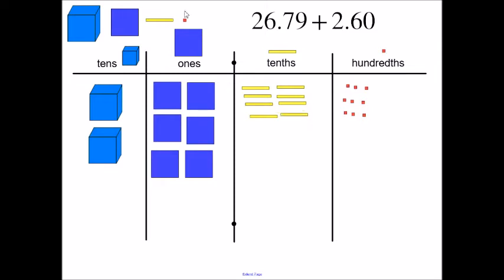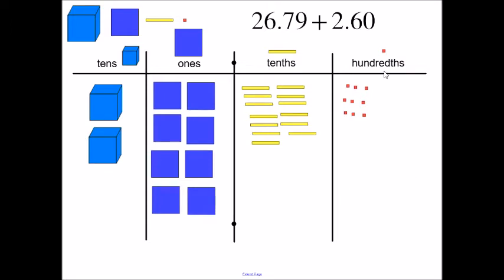So 1, 2, 3, 4, 5. There's 6 more and 2 more 1s. So 1, 2. So this is going to represent the overall total of the numbers.